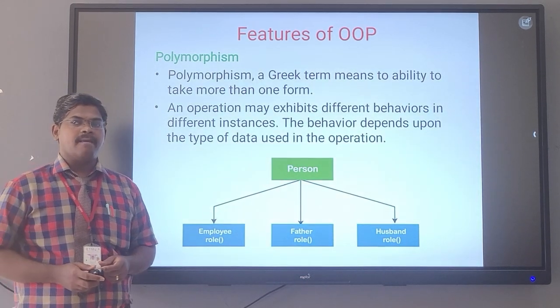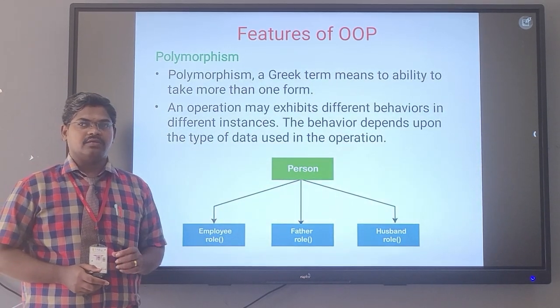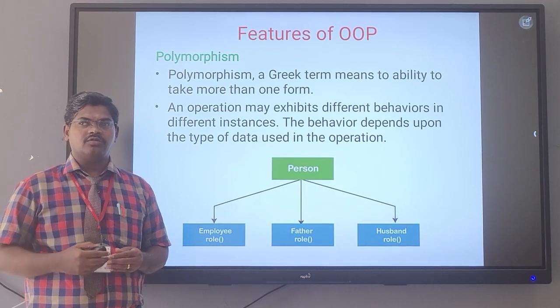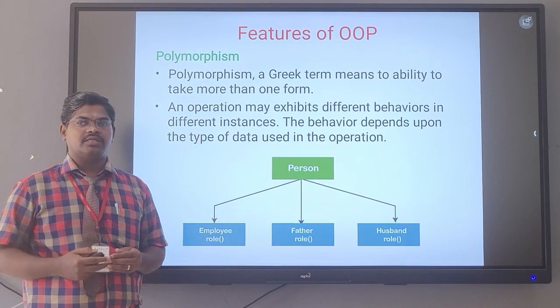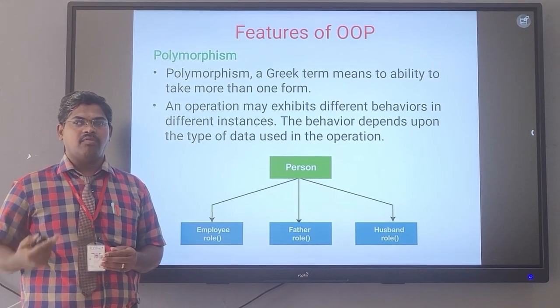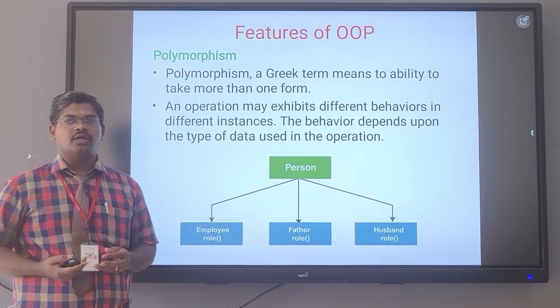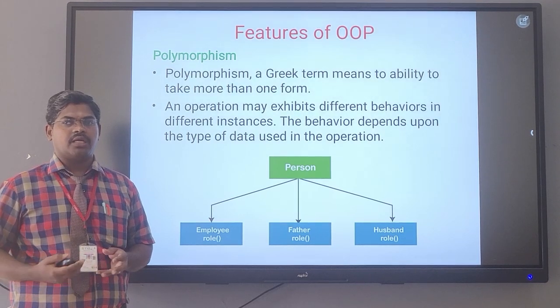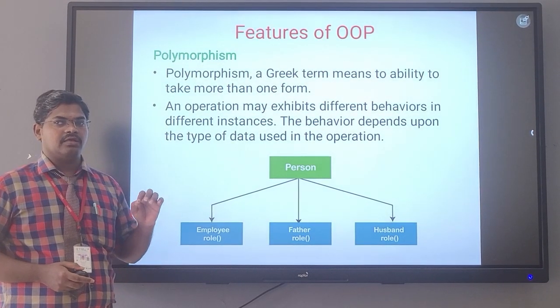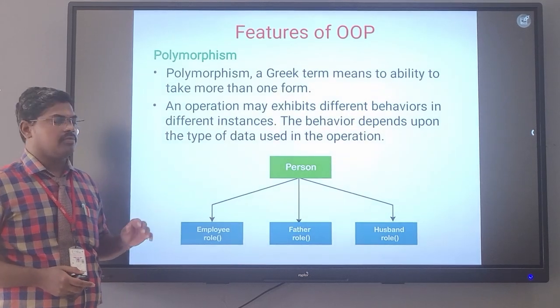For example, I want to create an add function, for addition. You can use the same function for addition of 3 numbers, addition of 2 numbers, addition of 2 integers, addition of 2 double values, addition of 3 double values, whatever it may be, but the function name is common. Okay, so that is the best example of polymorphism.